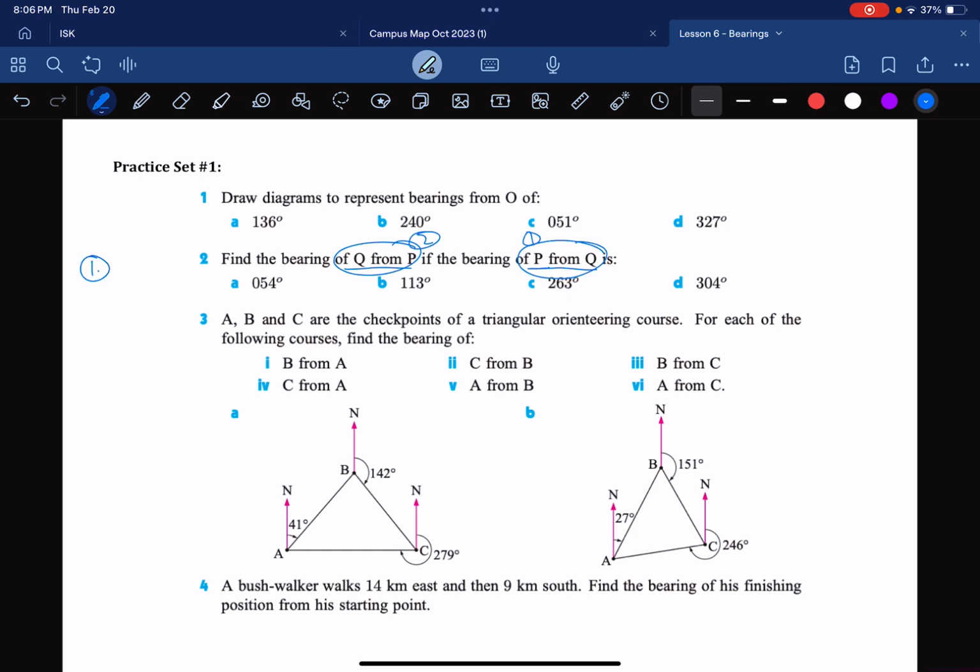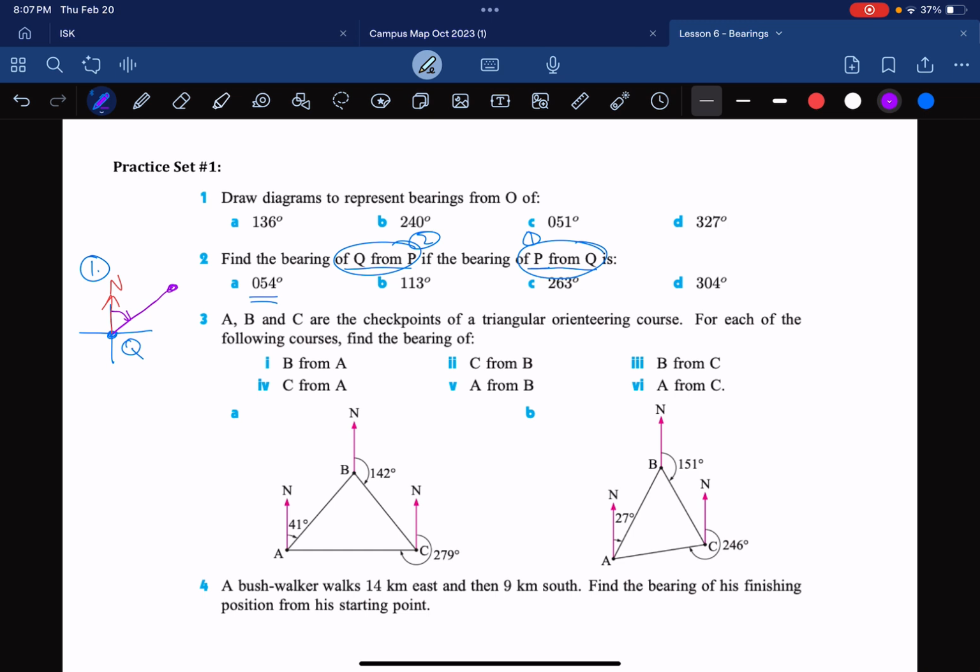So first, I'm going to create my cardinal direction to figure out where P and Q are. Since the letter Q comes after from, I'm starting at point Q. So that's going to be in the center of my cardinal direction. And then to get to P, I need to go 54 degrees. Again, I always start from true north, and then I'm going to go about 54 degrees.